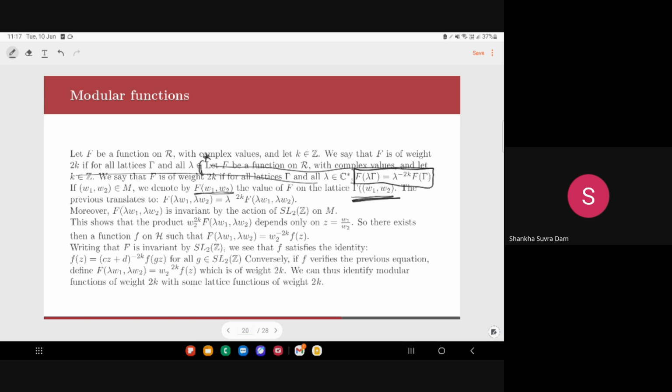The previous line translates to this line. Moreover, this is invariant by the action of SL2Z on M.